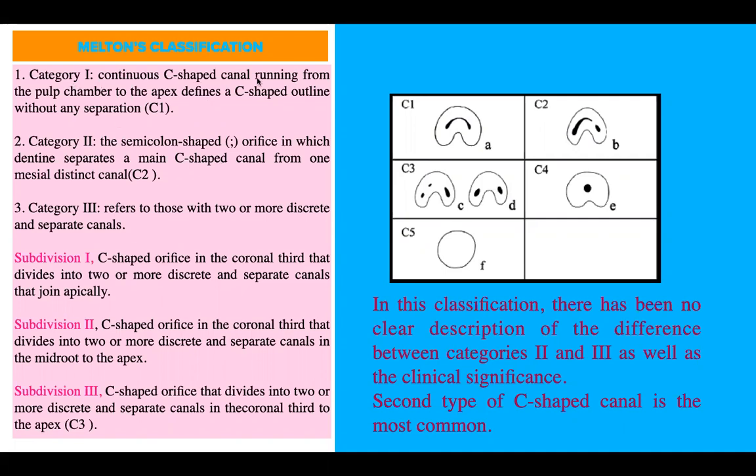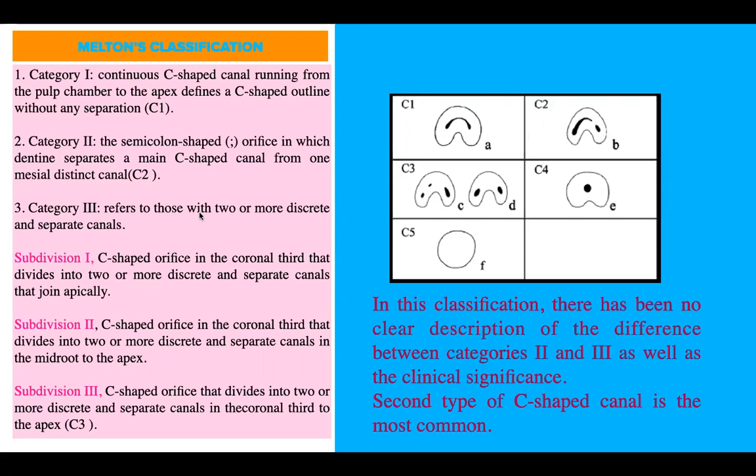Category 1 is a continuous C-shape running from the pulp chamber to the apex, defining a C-shaped outline without any separation. Category 2 is the semicolon-shaped orifice, in which dentin separates a main C-shaped canal from one mesial distinct canal. Category 3 refers to those with two or more discrete and separate canals. There were certain subdivisions related to category 3, that is 1, 2, and 3.